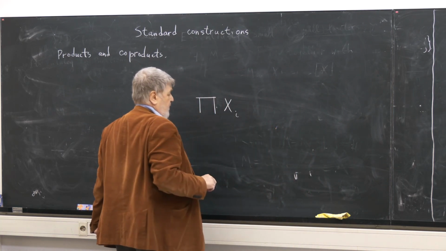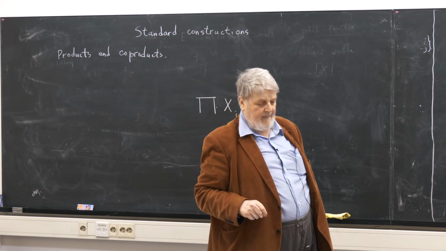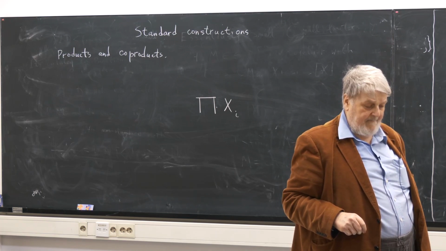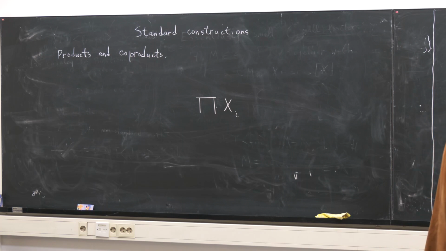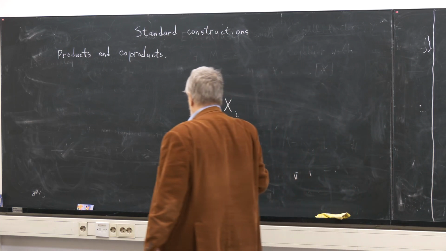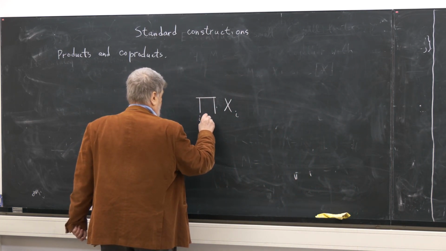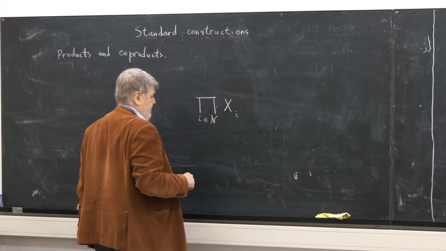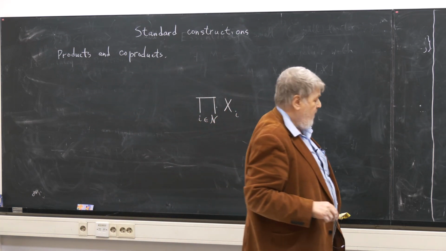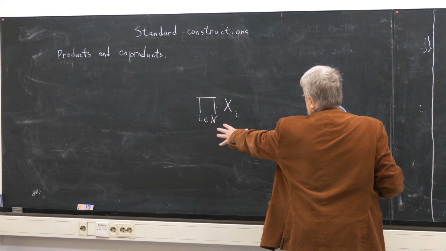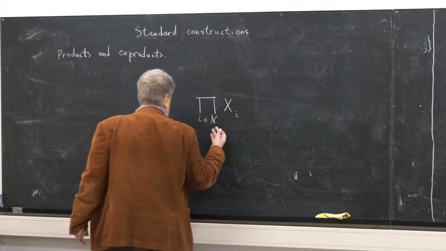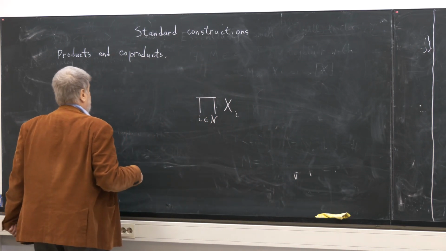So, we want to consider the family of objects labeled by something, by I. Since here we do not mean that the set of indices has any structure, we use the previously introduced notation.